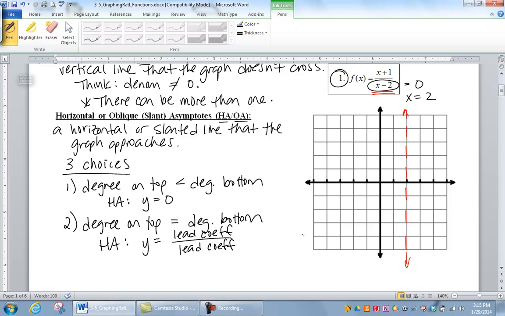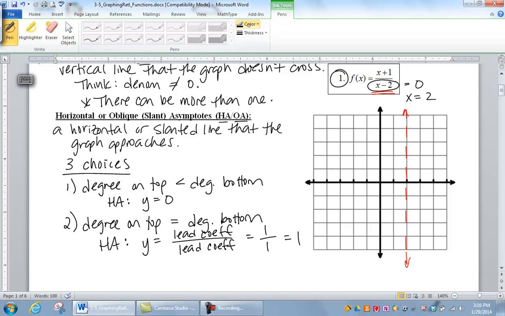So in this case we have to look at our lead coefficients. The degree is 1 for both the top and the bottom because they're both x to the first polynomials. So our lead coefficients, they're both just 1. Lead coefficient of the top is 1 and the lead coefficient of the bottom is 1. So we just found our horizontal asymptote.